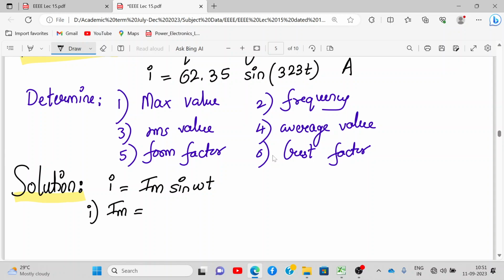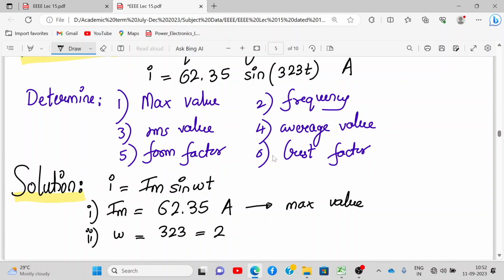The Im value is 62.35 amperes. This is the max value. Now you need to find the frequency. So what do we do? What is omega over here? 323, and omega is 2 pi f. So what is f? 323 divided by 2 pi. How much is it? Calculate.